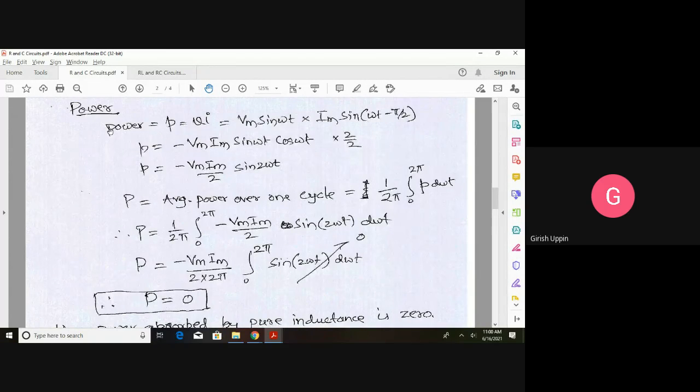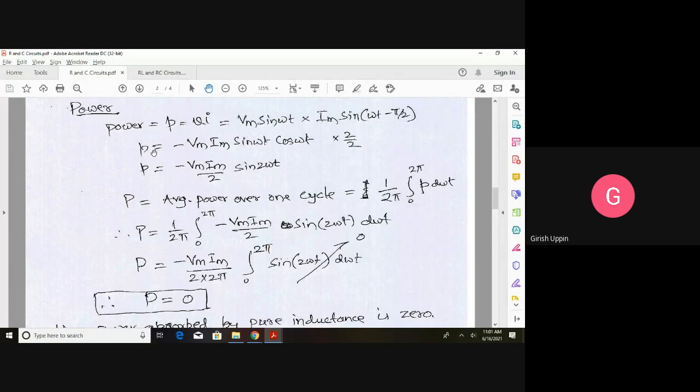So to find the instantaneous value of the power consumed, lowercase p is equal to v into i, where v is Vm sin omega t and i is Im sin omega t minus pi by 2. And sin omega t minus pi by 2 can be represented as minus cos omega t.